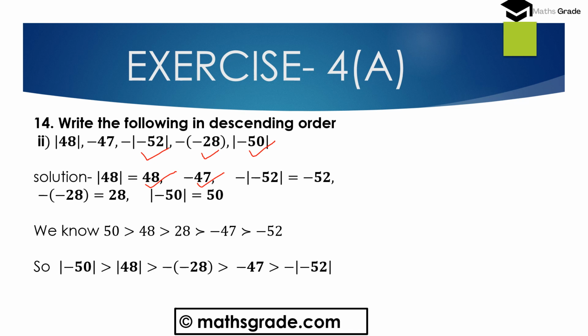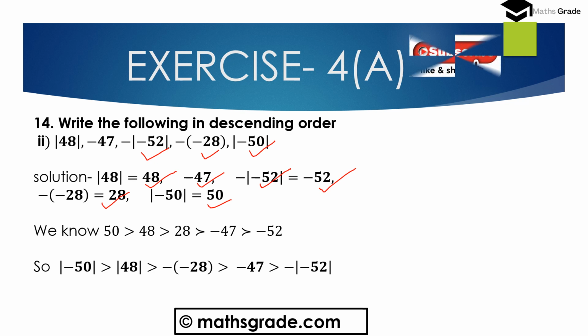We know absolute value of minus 52 is positive 52, and minus of absolute value of minus 52 is minus 52, and minus of minus 28 is positive 28, and absolute value of minus 50 is positive 50. We know absolute value of a negative integer is a positive integer.